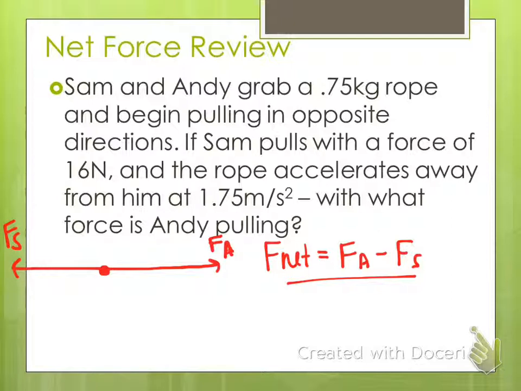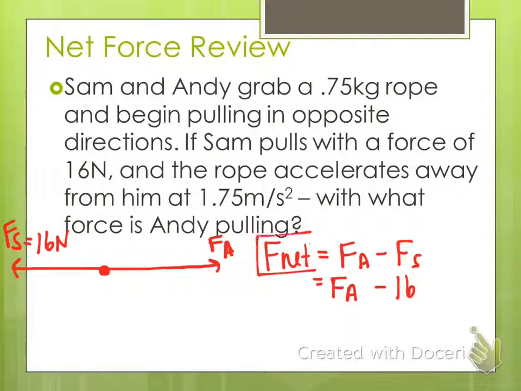So let's start assigning some values and doing some substitutions in this equation. We know that Sam's force is equal to 16 newtons, so we can plug in 16 for F sub S. We're solving for the force that Andy's pulling with, so F sub A needs to stay the same in its equation.